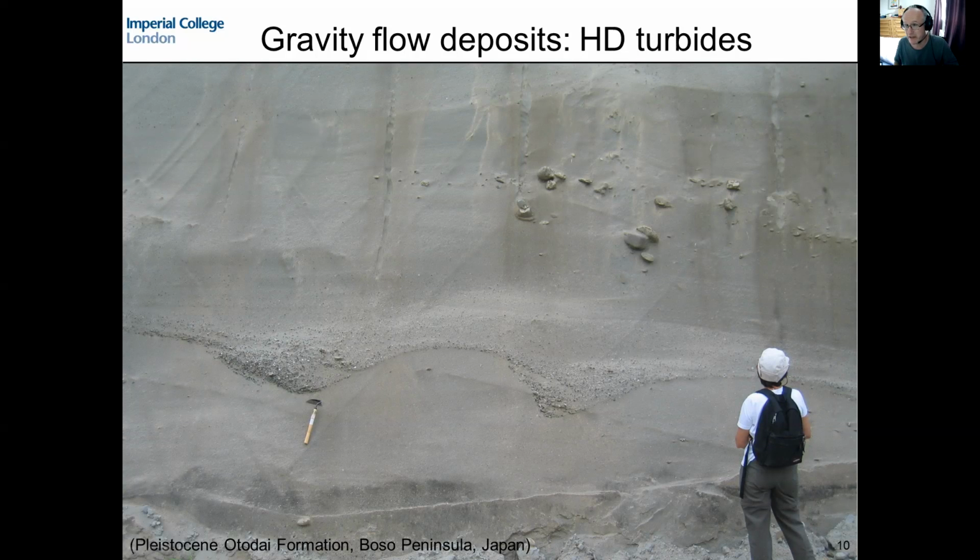We also have some large boulders carried in the matrix of sandstone, and that's characteristic of debris flows. So this bedding shows a mixture of characteristics of both classical turbidites and debris flows. It's very sandy, so this is interpreted as an example of a high density turbidity current.